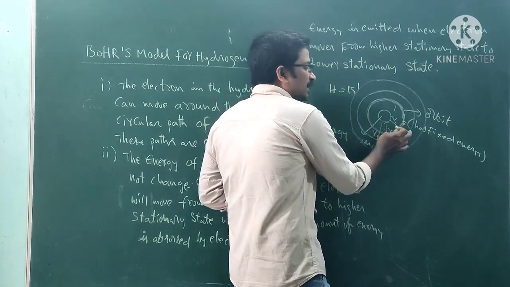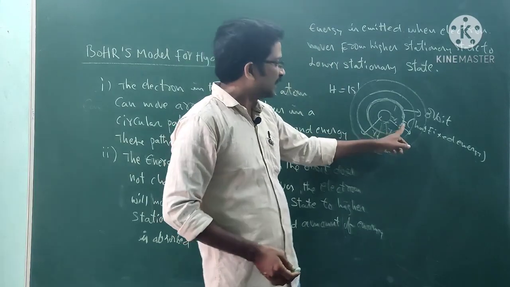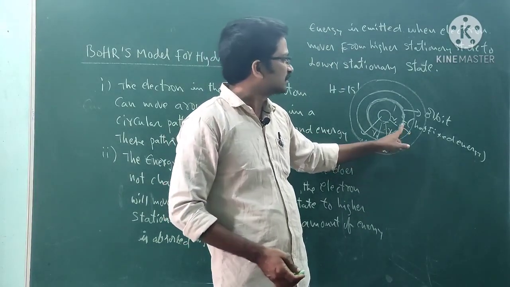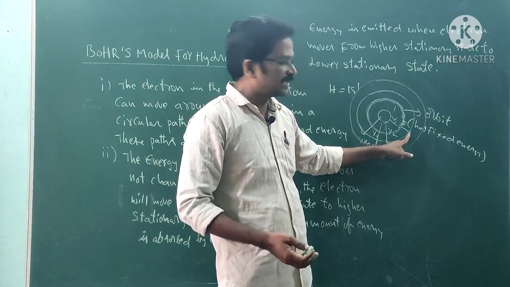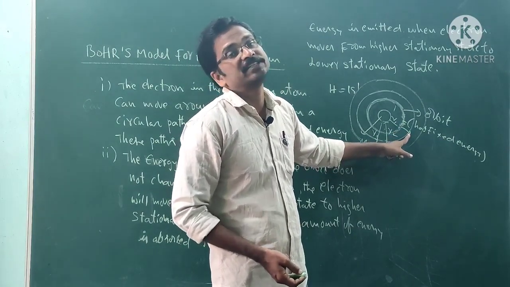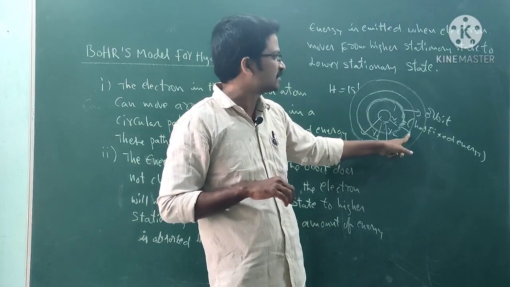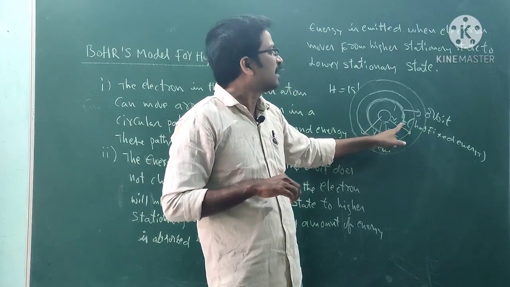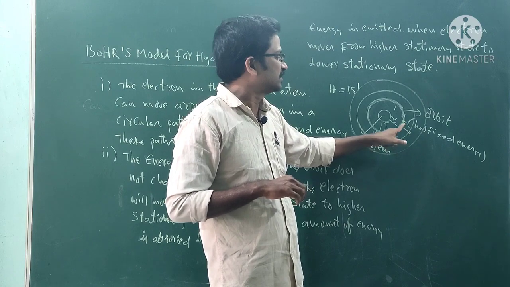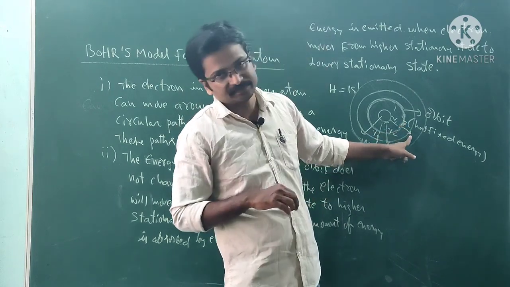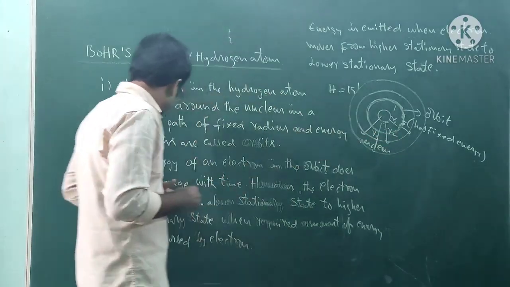Electron energy changes because the electron jumps from this level to this level, from one orbit to another orbit. Why does it change? Because the electron absorbs the energy, then shifts its position from one level to another level. That is the reason why.